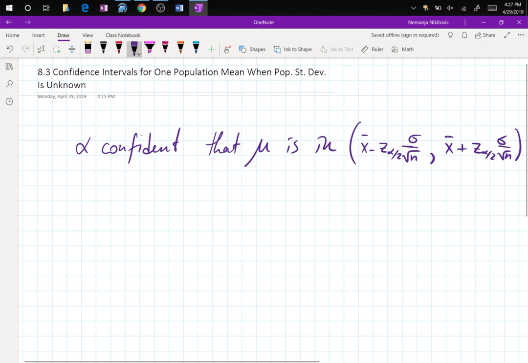Now, T-score is defined as T equals x bar minus mu divided by s divided by square root of n. Before you scream, hold on, there is mu in there, and mu is the population; we actually are trying to solve for mu.